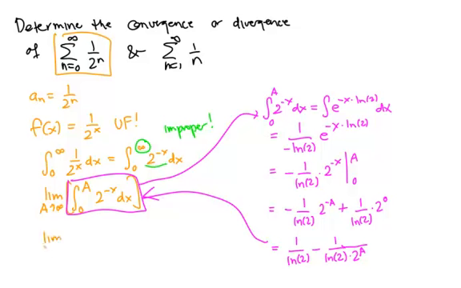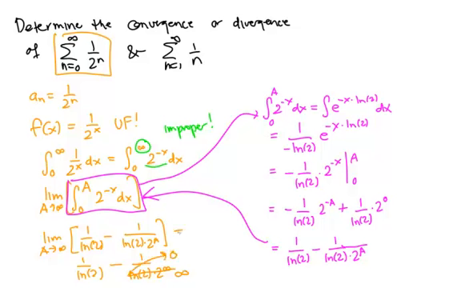If we take the limit as a goes to infinity of 1 over ln of 2 minus 1 over ln of 2 times 2 to the a, we let a tend off to infinity, that's 1 over ln of 2 minus 1 over ln of 2 times 2 to the infinity. This whole expression right here is now infinite, and 1 over infinity is 0.